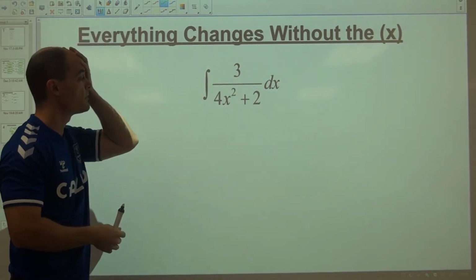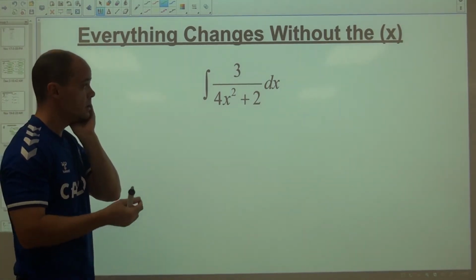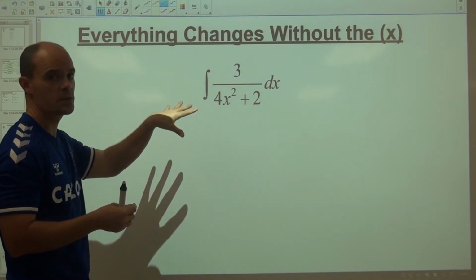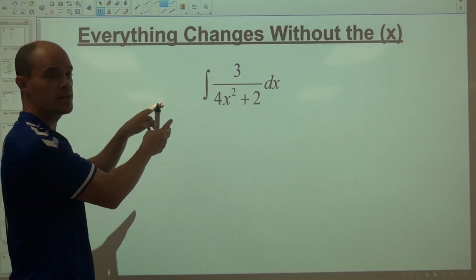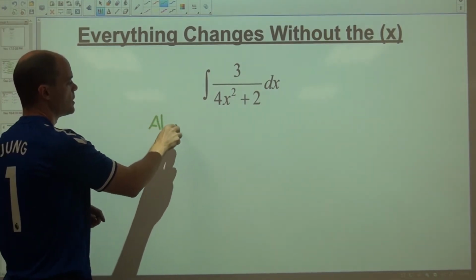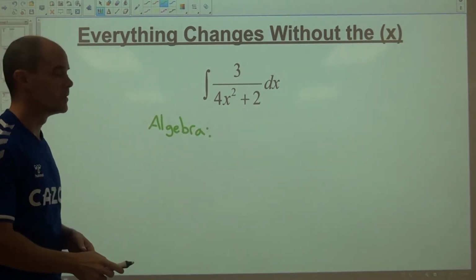So now we're left to wonder, what do we do now? Well, there is an antiderivative rule that looks kind of similar to this, but it doesn't yet. So I'm going to perform some algebra and make it look more familiar to you.